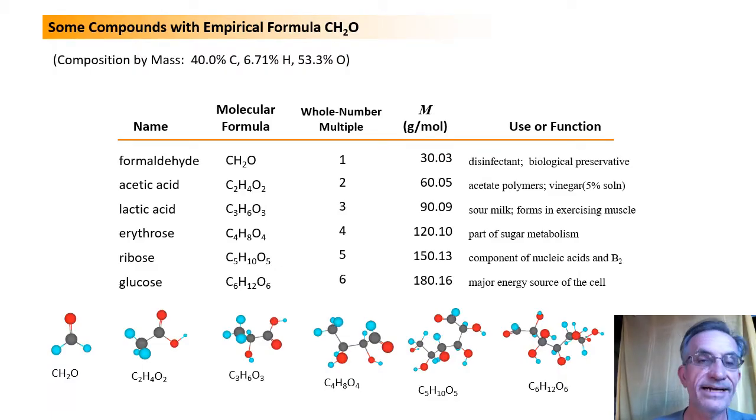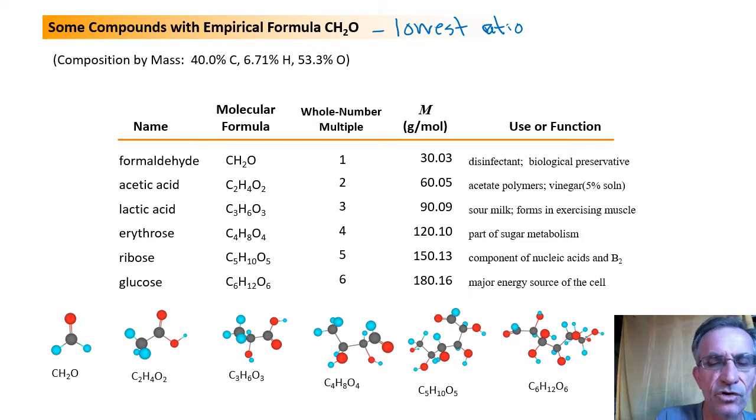Okay, just to remind you, an empirical formula tells you the lowest ratio of atoms. But that doesn't mean that's the actual total, right? The actual total was called the molecular formula. So the molecular formula is the actual number of atoms.